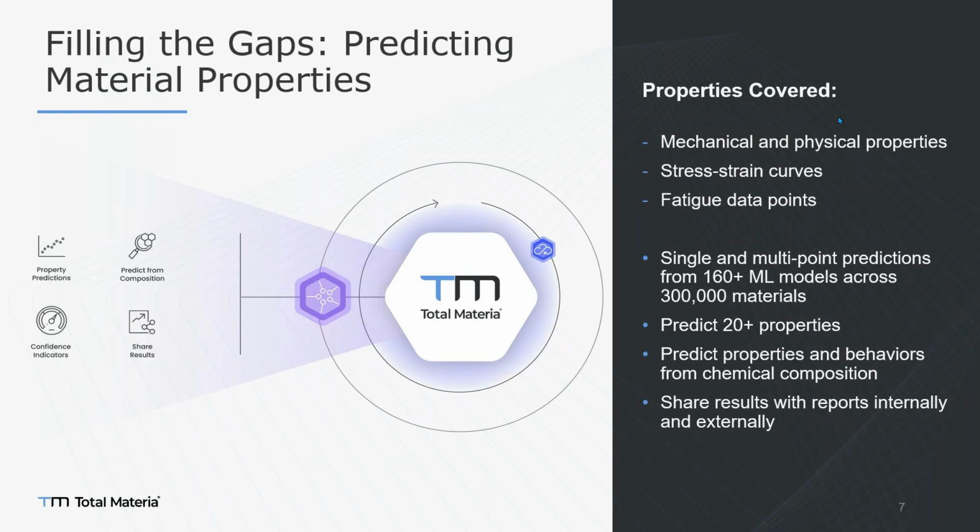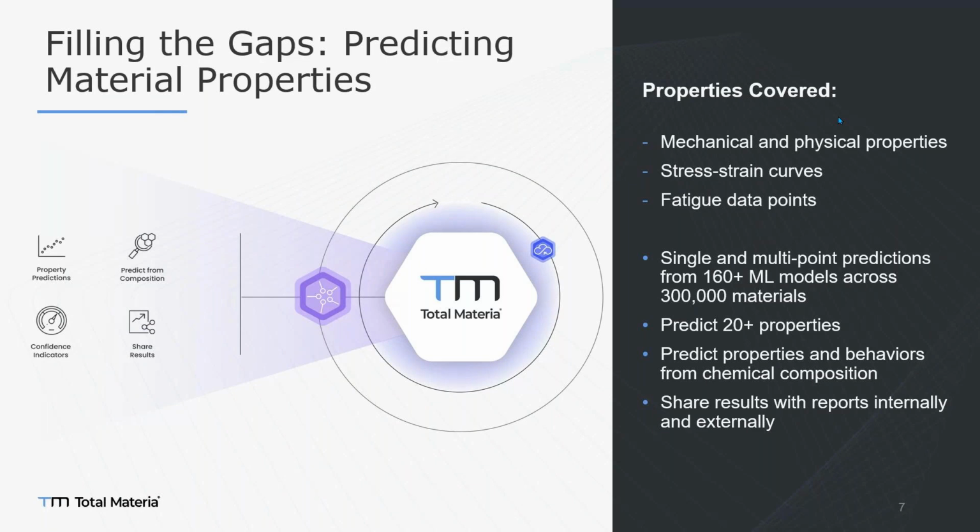But just as a quick recap, we have over 160 machine learning models that will help you predict properties for over 300,000 materials. We have different models because each material group and each property behaves differently, and there are different inputs to that. That's why we have all those different models. You're able to predict over 20 properties, so a mix of mechanical and physical properties, stress strain curves, and fatigue data points.